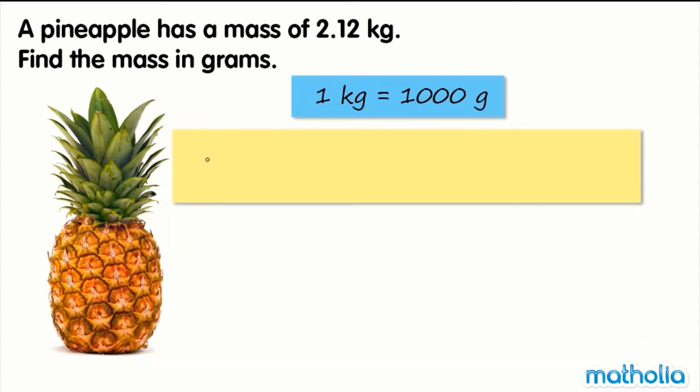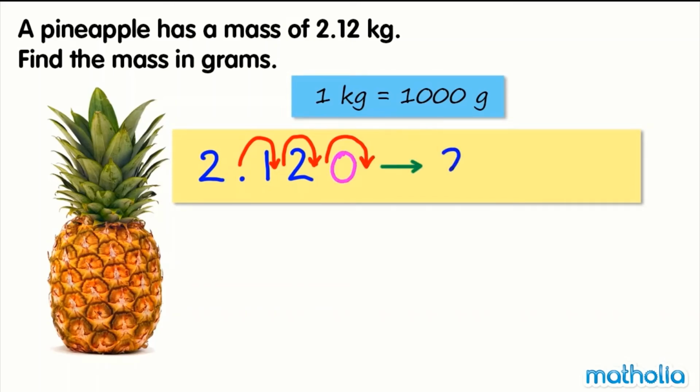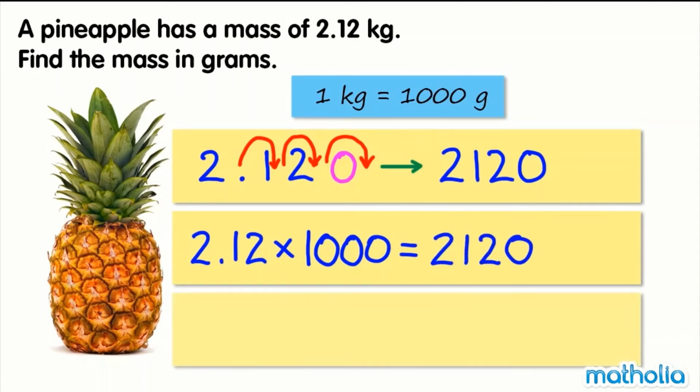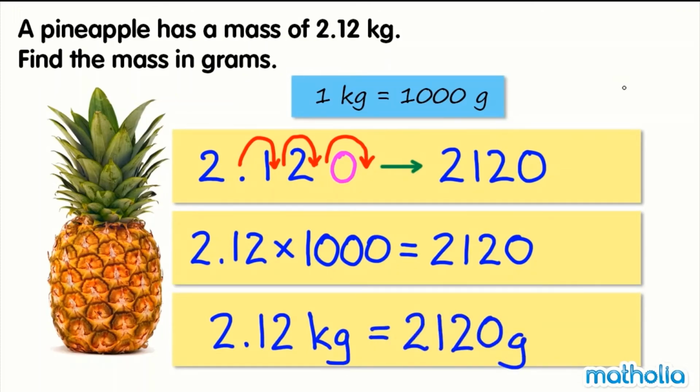Recall that we can multiply by 1000 by shifting the decimal point 3 places to the right. 2.12 times 1000 equals 2120. So 2.12 kilograms equals 2120 grams. The pineapple has a mass of 2120 grams.